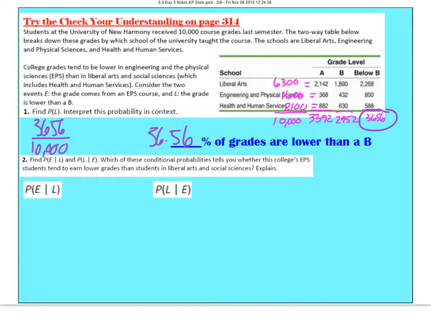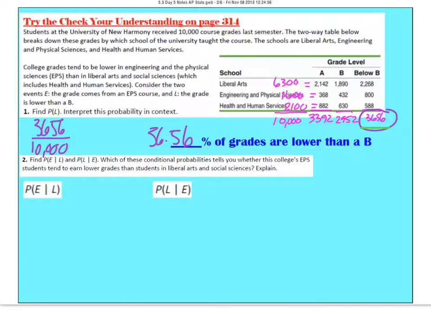Okay, number 2. Find the probability of E given L and find the probability of L given E. Which of these conditional probabilities tells you whether the college EPS students tend to earn grades lower than students in liberal arts and social science? Let's do the first part. What is the probability of E given L? So let's just talk about that. The probability of the grade coming from the EPS school given that the grade was lower than a B. Well, given that the grade was lower than a B is the group I'm looking at.